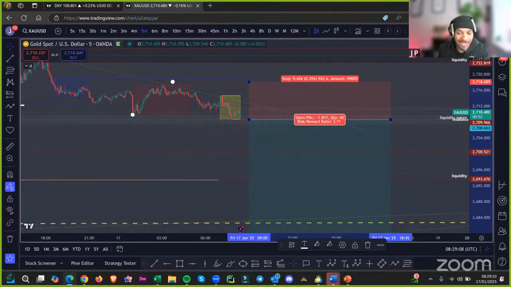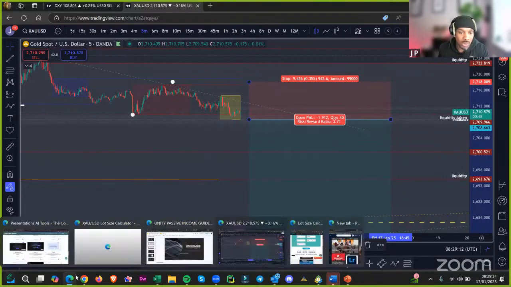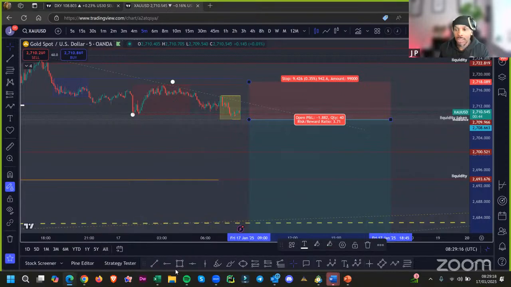Because if you do this exercise correctly and your win ratio goes up significantly, knowing that you can make a 1 to 3 for argument's sake, but you're taking less trades. Imagine that of every 10 trades, you can take a 1 to 4, 1 to 5 trade.